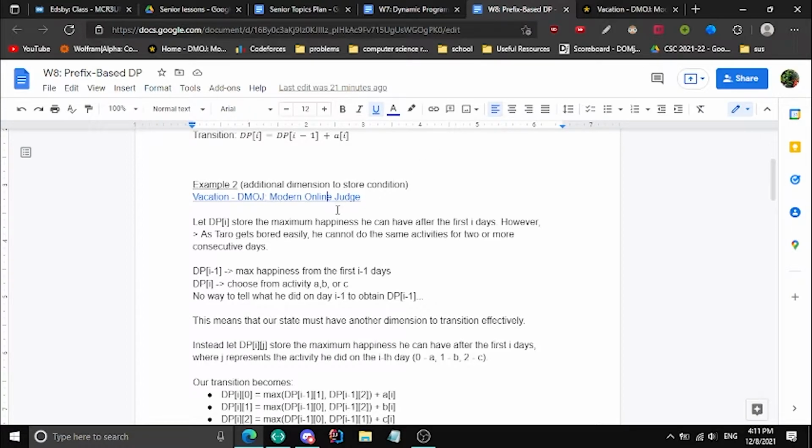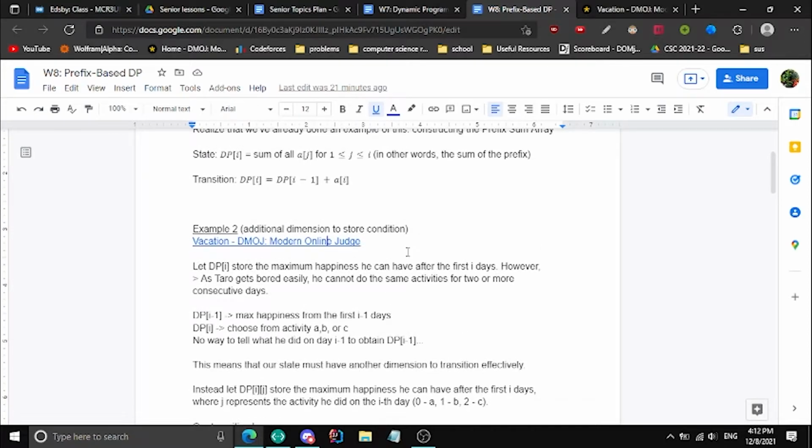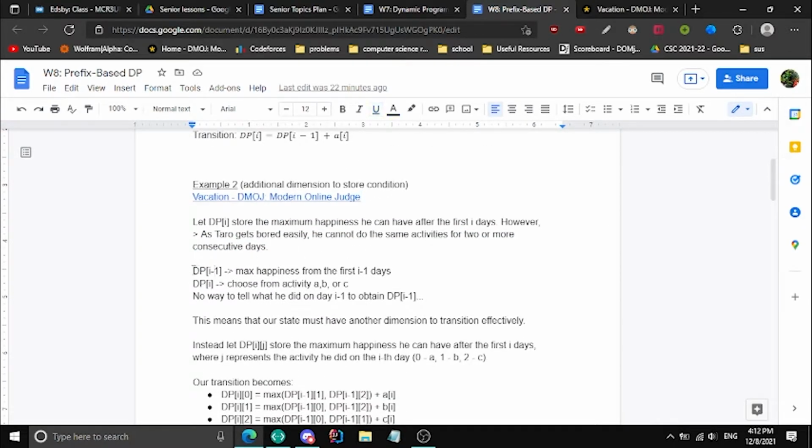As we go along each day, we want to know the maximum happiness he can have for some subset of the first I days. So if we let DP at I store the maximum happiness he can have after the first I days, here's where the part where he can't do the same activity for 2 or more days comes in. Say I wanted to calculate DP at I, I would know DP at I minus 1 because I've already pre-calculated it in our previous iterations.